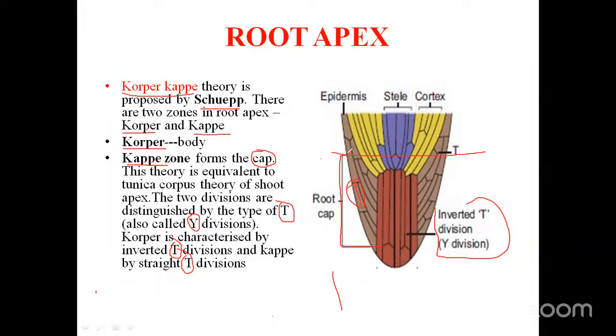This is the body, Korper, and this is root cap formation, kappe zone. And apart from Korper kappe, another one, mantle core theory, is also there. In mantle core, only two regions are given, mantle and core. Mantle is the outer part, core is the center part of the body.